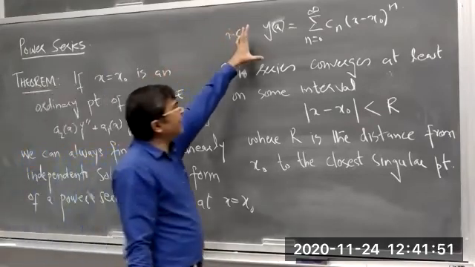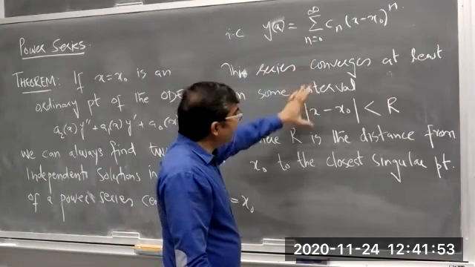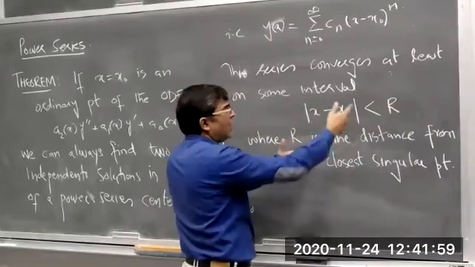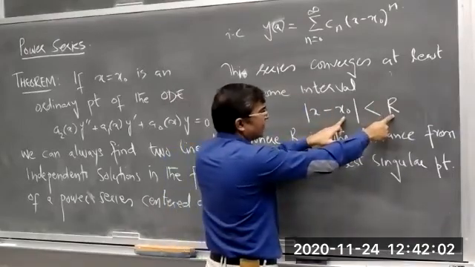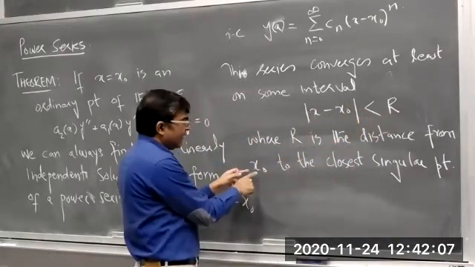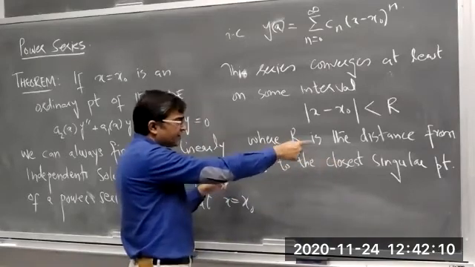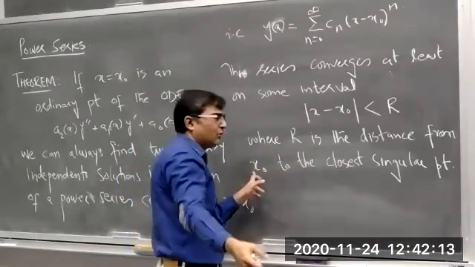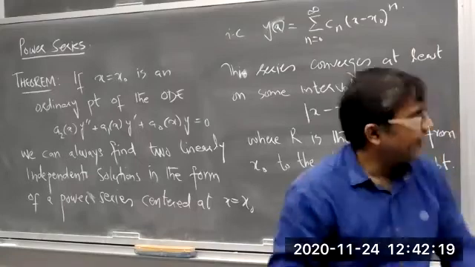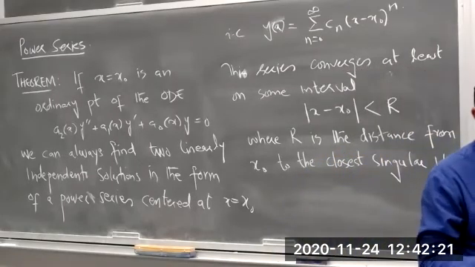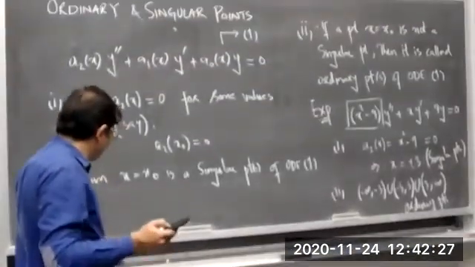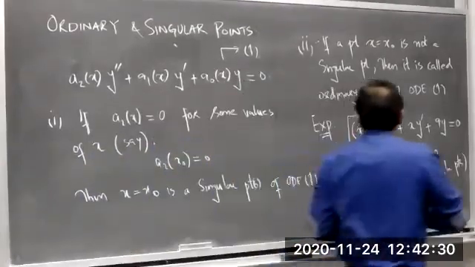This series converges in the interval mod x minus x naught less than r, where r is basically the radius of convergence of that power series, and r is the distance from x naught to the closest singular point. For example, we discussed an example on board 2, this one. Look at this example.